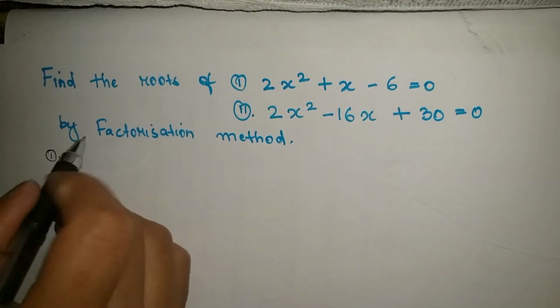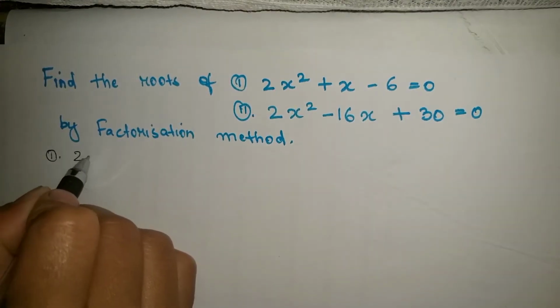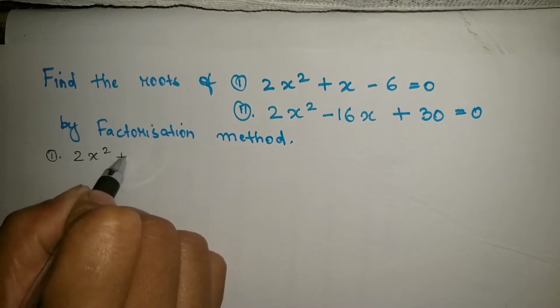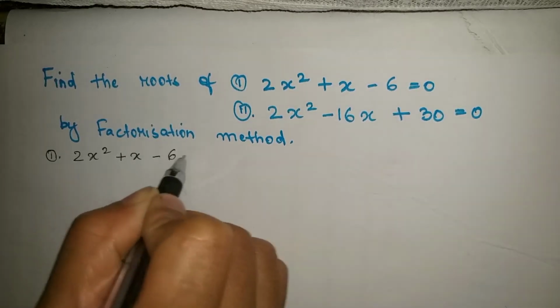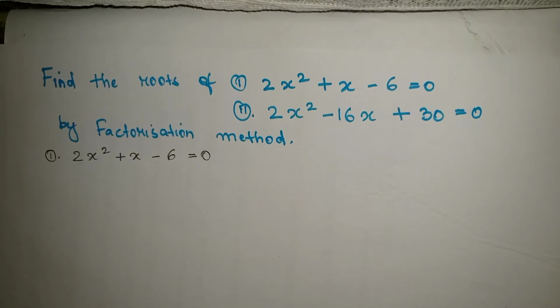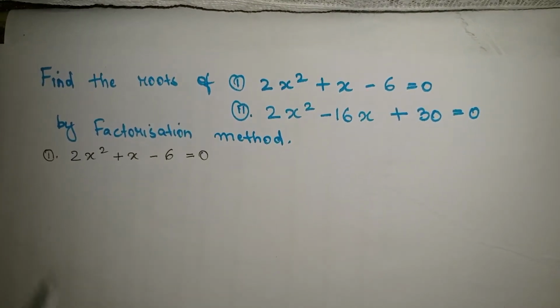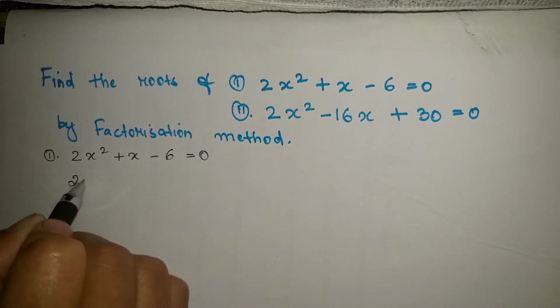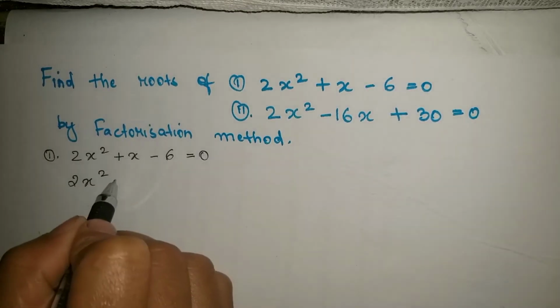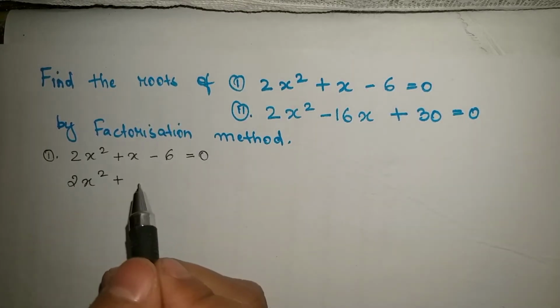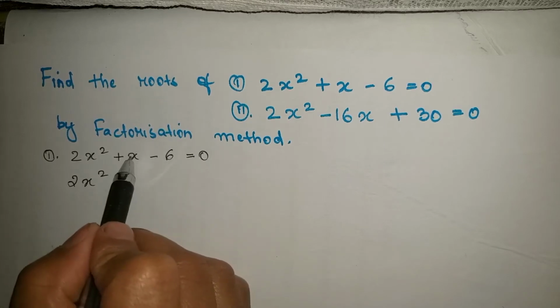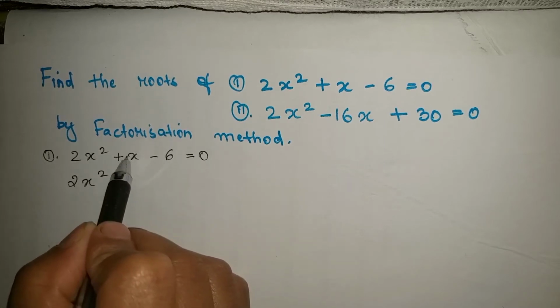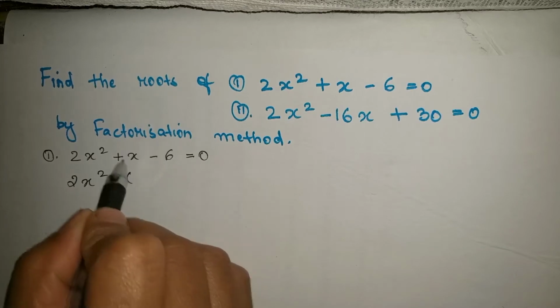This is a quadratic equation, 2x squared plus x minus 6 equal to 0. Then I have 2x squared. In this step, I will leave the coefficient of x, which is 1.